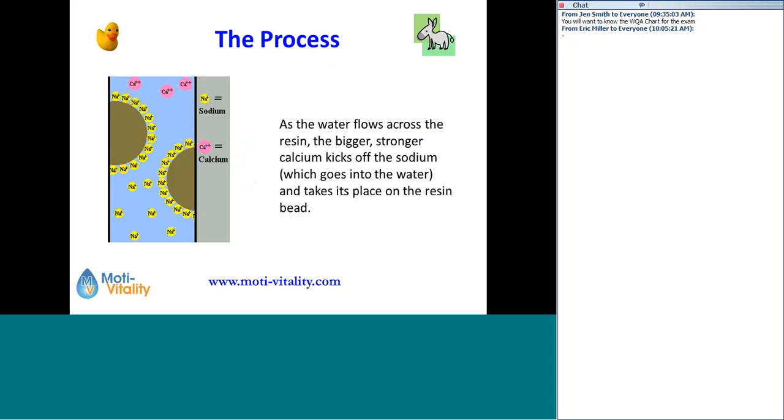Those sodium ions are weaker and smaller than the calcium and magnesium, so as the water flows across that resin bed, the bigger, stronger calcium kicks off the smaller, weaker sodium, which then goes into the water, and the calcium and magnesium take its place on the bead. So it's called ion exchange, and that's important, by the way. It's not ion removal. It is ion exchange.